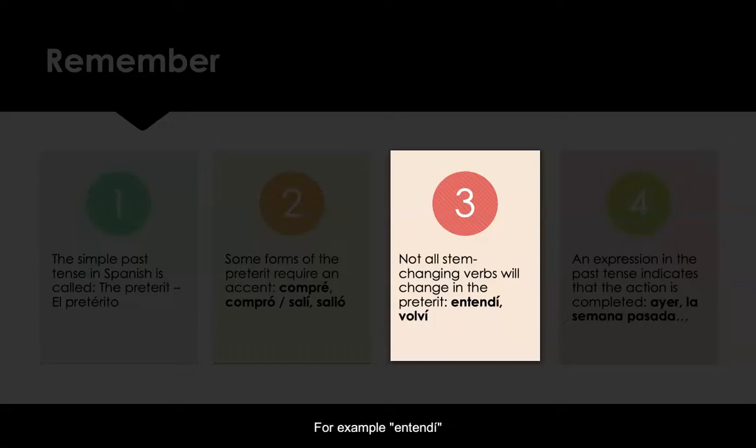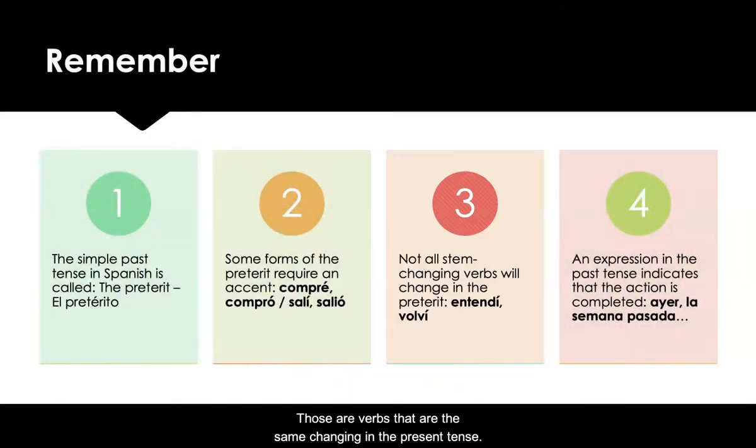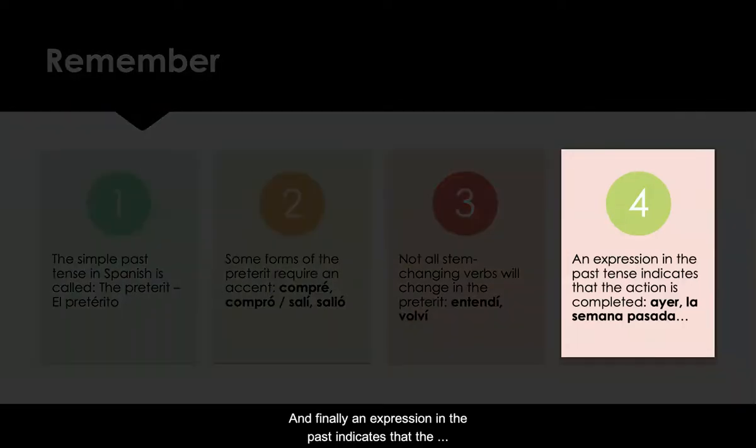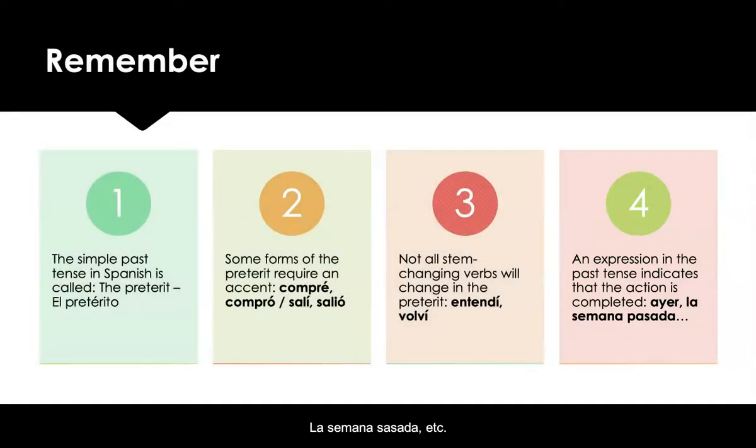For example, entendí, volví. Those are verbs that are stem-changing in the present tense. And finally, an expression in the past indicates that the action is completed. So make sure that you add any of the expressions that are posted in the class. Ayer, la semana pasada, etc. Thank you very much.